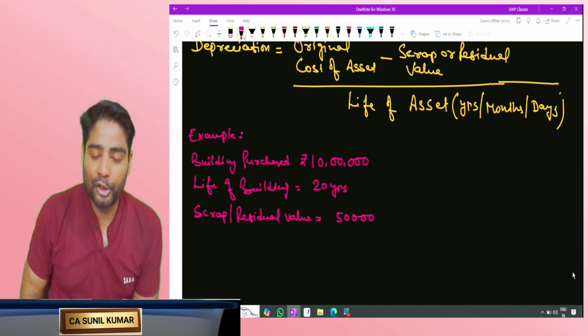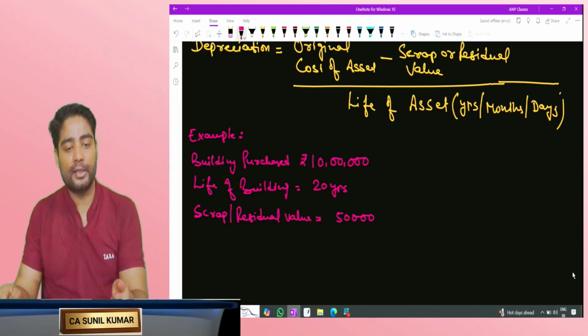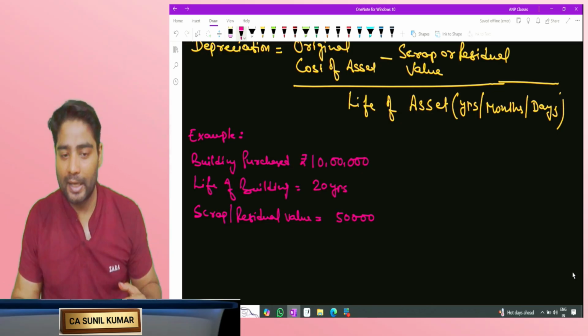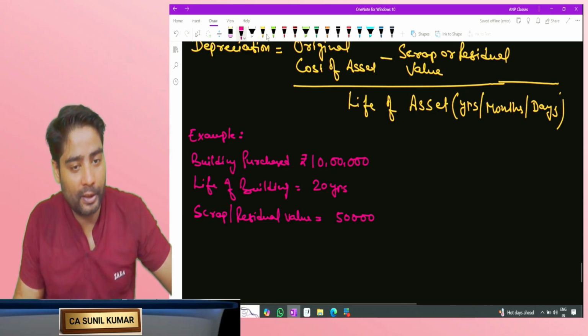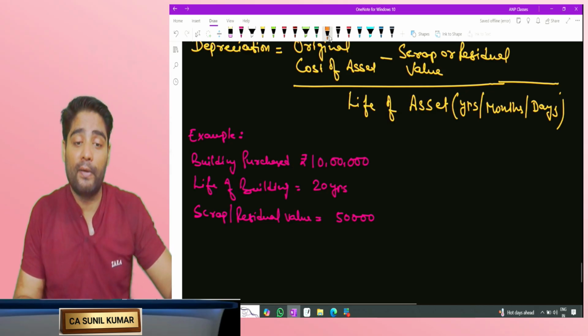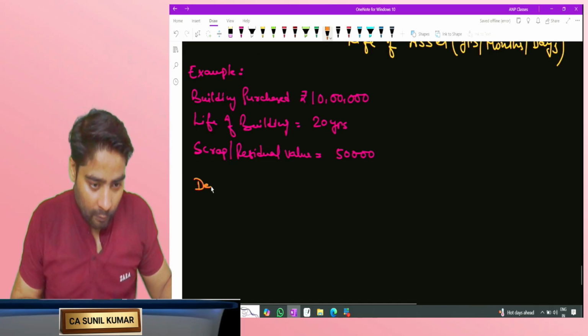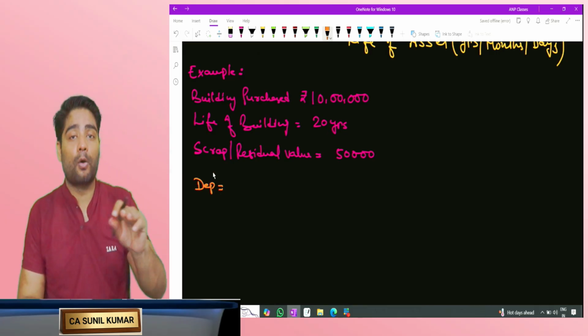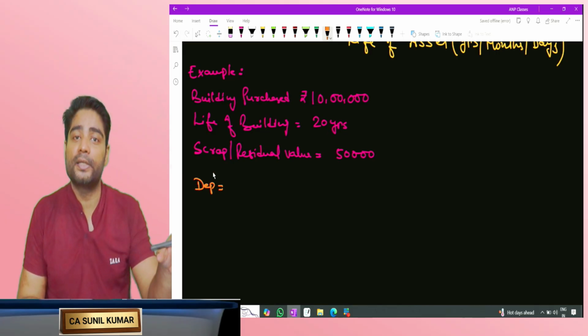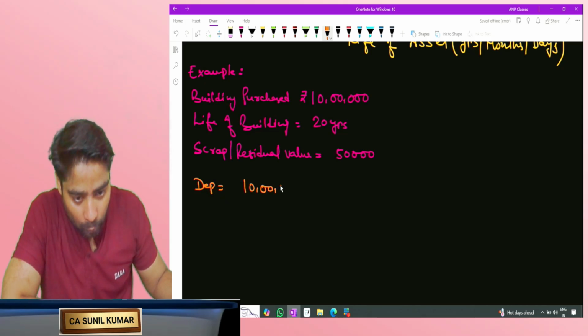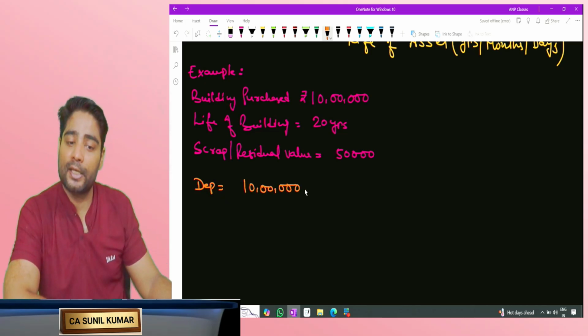When can we generate this scrap, sir? We will generate this scrap at the end of the 20 years, at the end of the life of the asset. So how do we calculate depreciation, sir? It is very simple. We are dividing the cost of asset on the basis of life. So how much amount do I have to pay for the building? Rupees 10 lakhs.